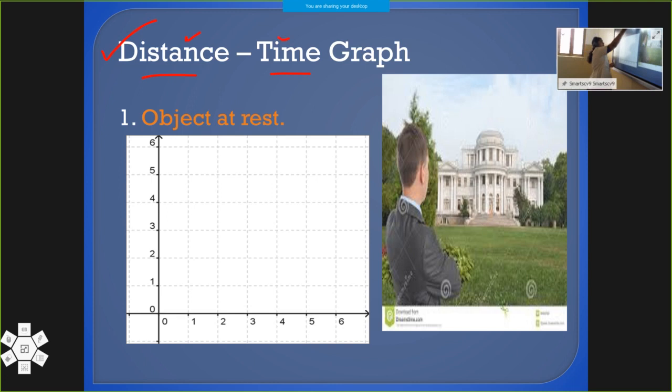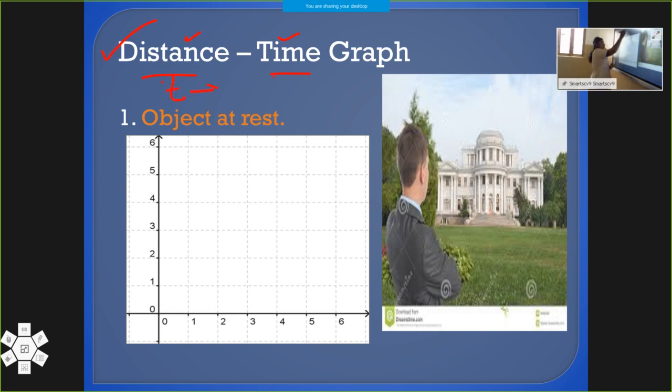So two physical quantities are there, distance and time. We will take distance in the y-axis and time in the x-axis. In mechanics we always take time along the x-axis. So the distance time graph is a graph drawn with time along the x-axis.